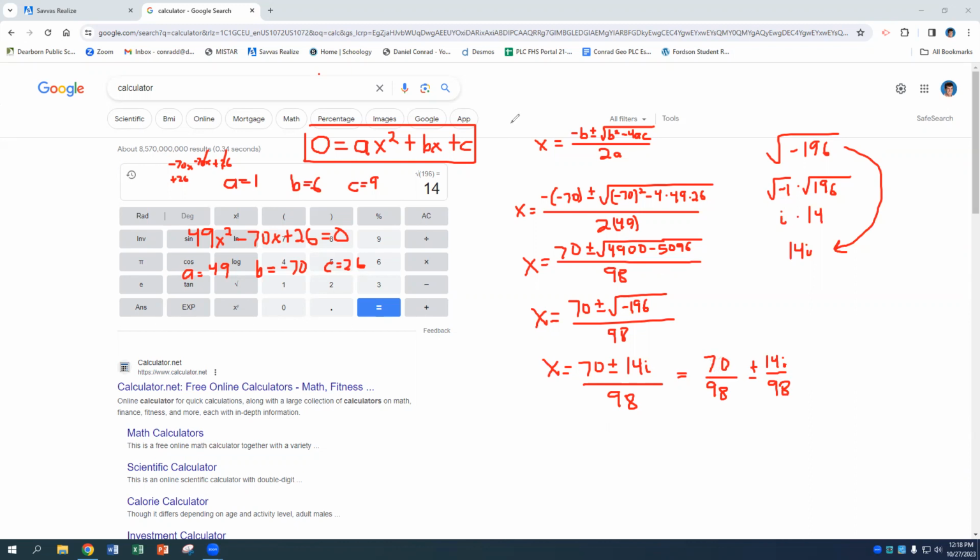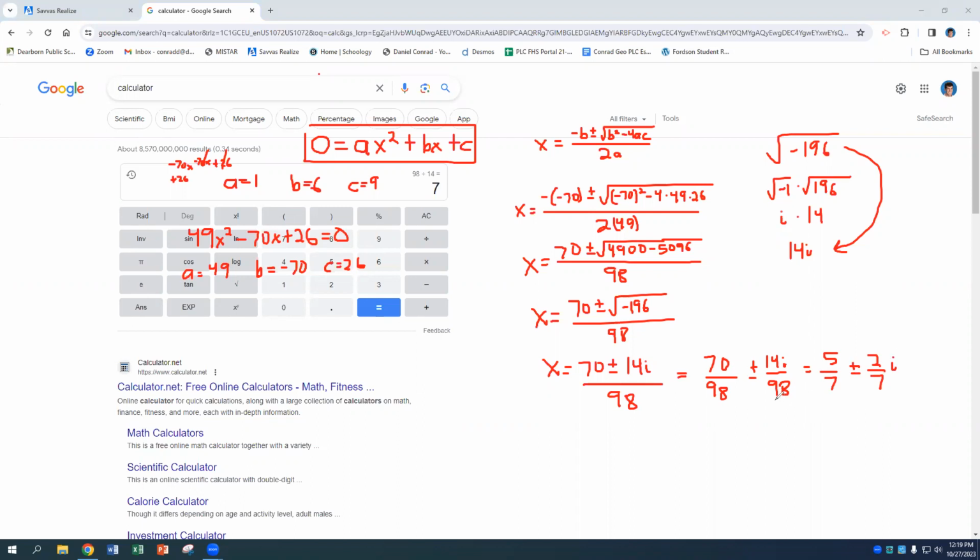So 70 over 98, right? 70 divided by 14 is 5. And 98 divided by 14 is going to be 7. So this is going to become 5 over 7. Right? This reduces to, and you can just put that in your calculator if you have the Inspire. Okay, and then this is going to become plus or minus 14 over 7 times i.